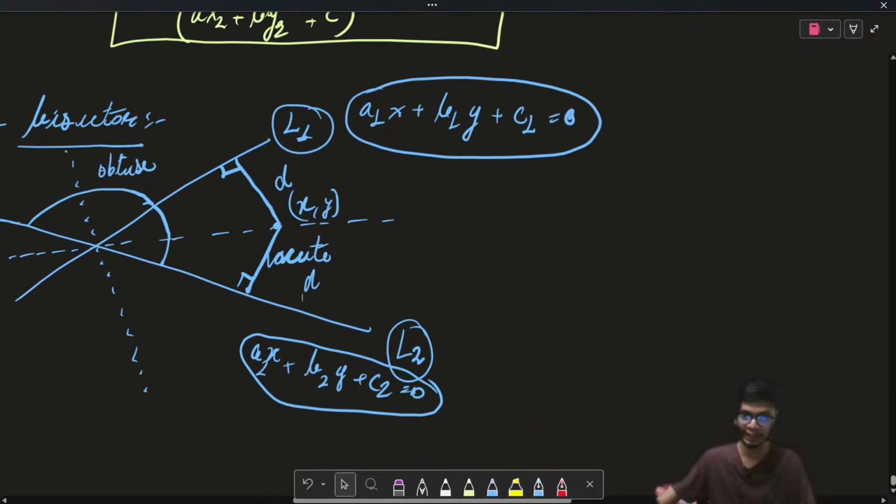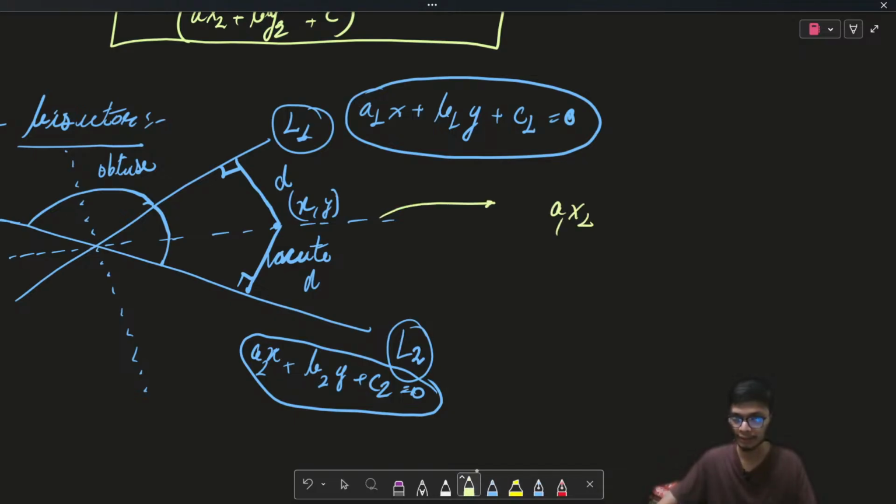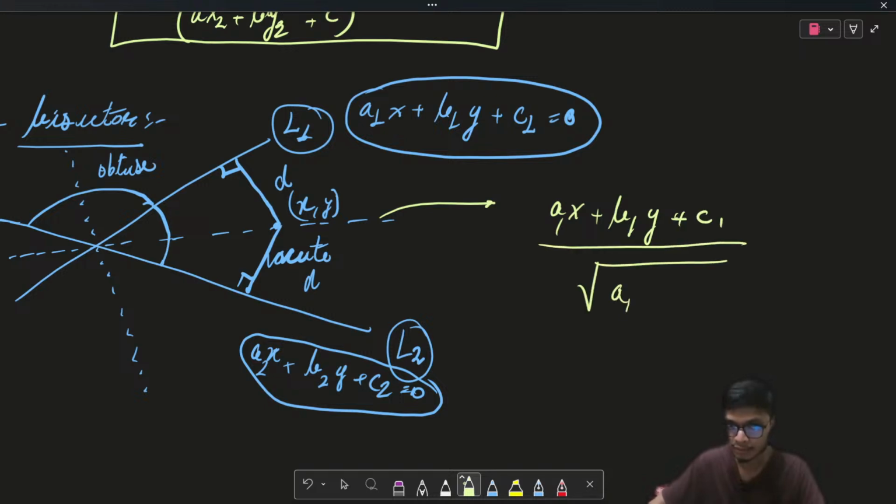So that equation of the angle bisector would turn out to be (a1 x + b1 y + c1) divided by the square root of a1 square plus b1 square, equal to the modulus of the similar expression for line 2, and I will be replacing the mod with a plus or minus sign, right?